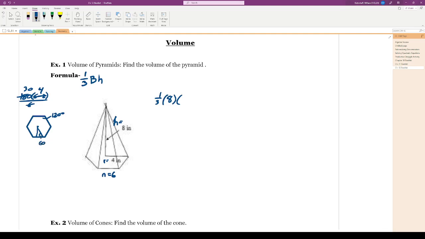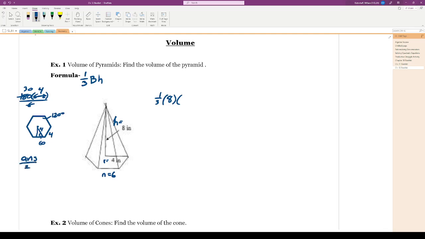That's pretty nice because that means we have a 30, 60, 90 triangle. So if our radius is 4, then we know that our side length is also 4 because each half of this side was 2. And remember, our area formula is ANS over 2.